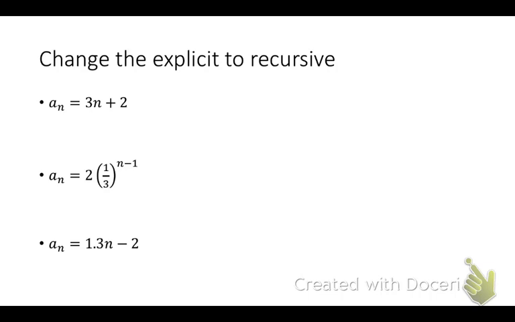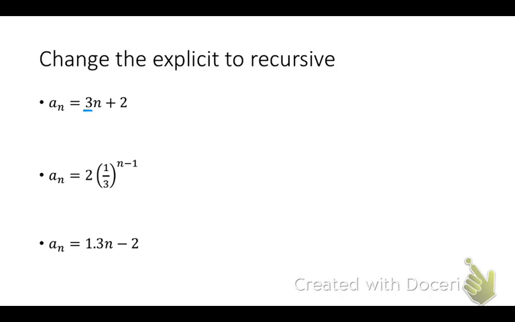Last thing, what I would suggest on any of these where you have to go from either explicit to recursive or recursive to explicit. I think from explicit to recursive is a heck of a lot easier. Because going from explicit to recursive, what does that 3 in front mean? I'm just going to keep adding it, right?